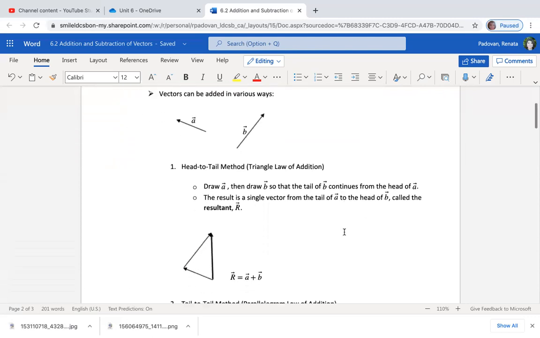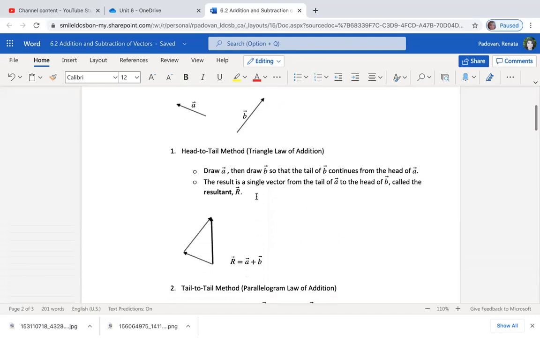So the head to tail method. We know what a head and a tail is on a vector, right? The tail is the beginning part, the endpoint that doesn't have anything on it, and the head is the other endpoint that has the arrow on it.